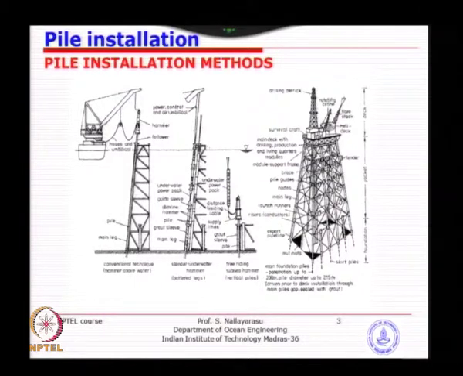Due to its own weight, it goes down, and it must be longer than the expected self penetration plus the length of the jacket. So, you need to predetermine the length of the pile for the first one, which we call the initial segment, which should be longer than the jacket length plus self penetration. Otherwise, what will happen?